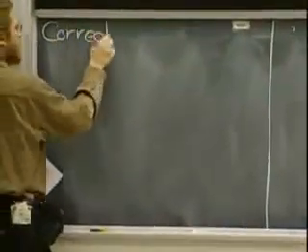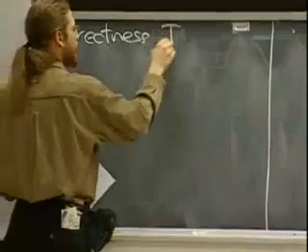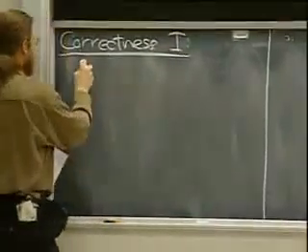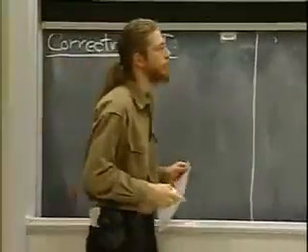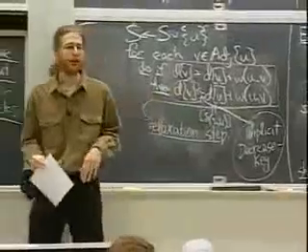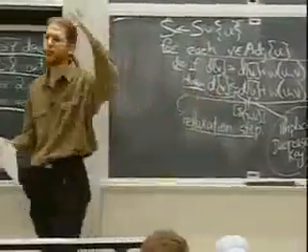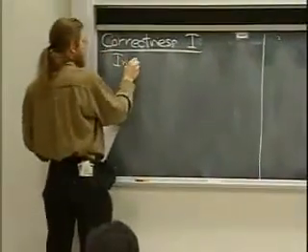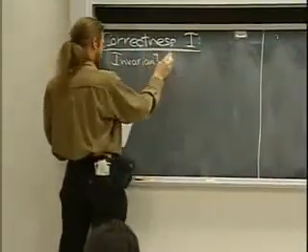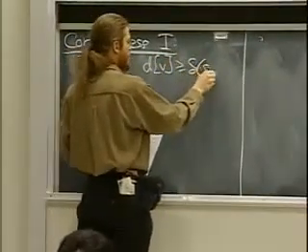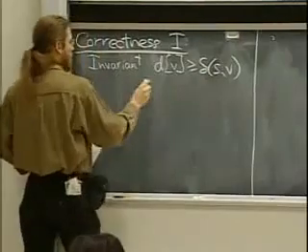So, correctness. The first thing I want to prove is that relaxation never makes a mistake. If it ever sets d of v to be something, I want to prove that d of v is always an upper bound on delta. So we have this invariant, d of v is greater than or equal to delta of s comma v for all v.